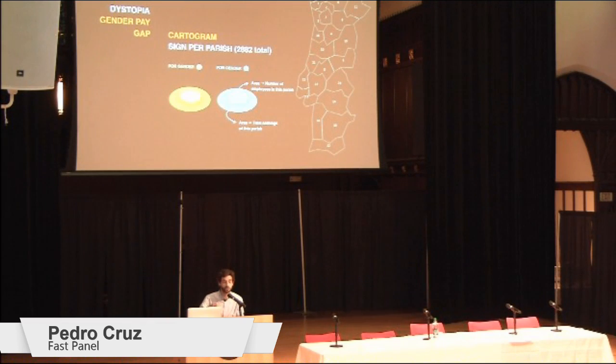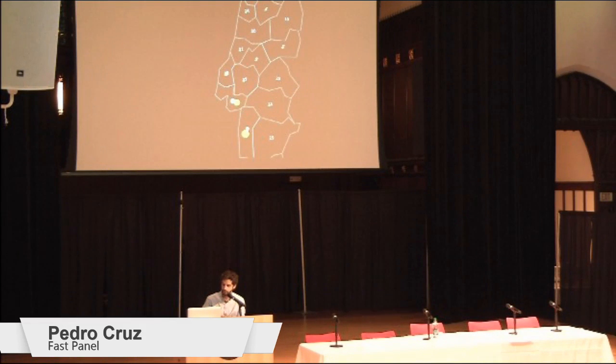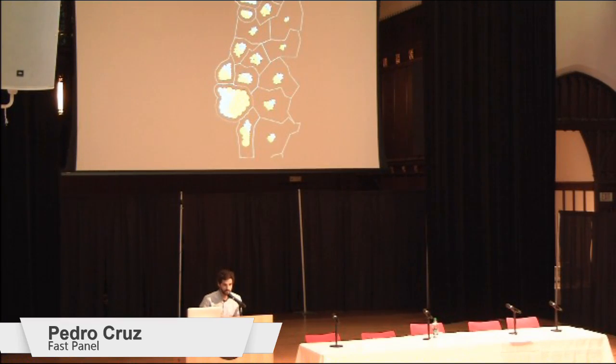The top circle symbolizes the number of employees of a certain gender in that parish, and the biggest circle represents the total earnings of that parish. So the objective is to have a very slow, evolving visualization that runs for about 5–10 minutes, and that starts building this cartogram.